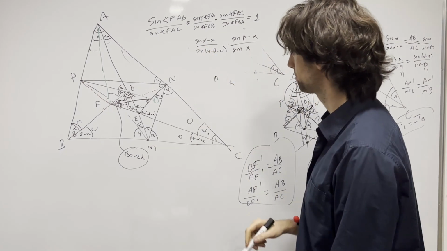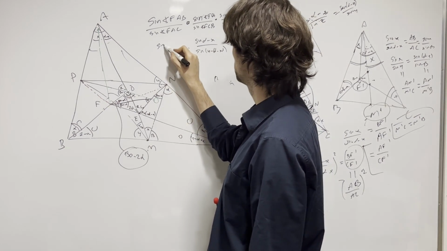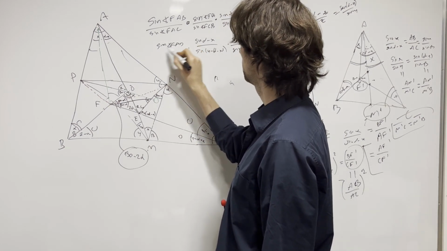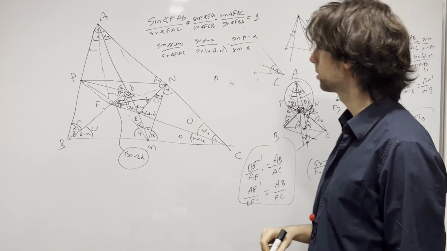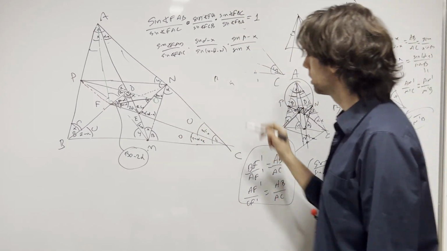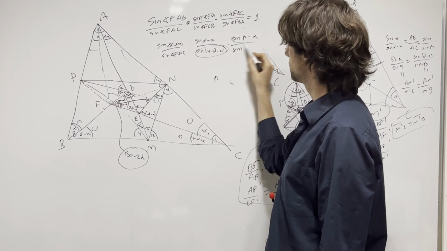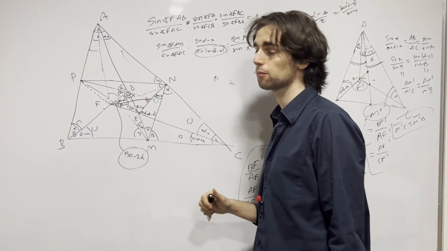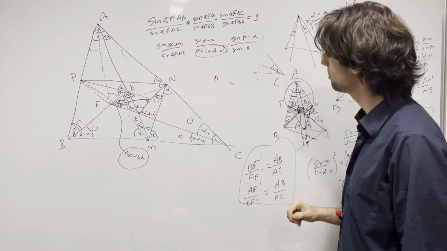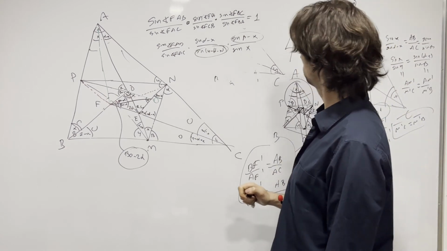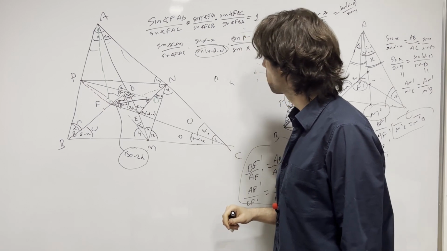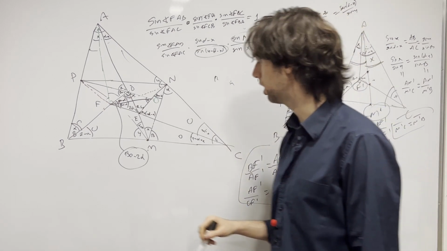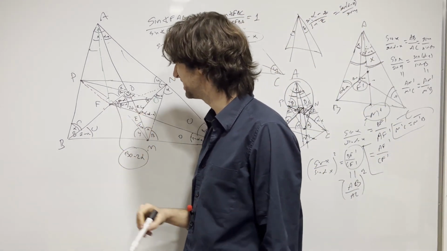This is equal to sine of the angle FAB over sine of the angle FAC. Right? And now, what are these two things? Well, sine of beta minus x and sine of gamma minus alpha minus x, we are going to get it is equal to that.